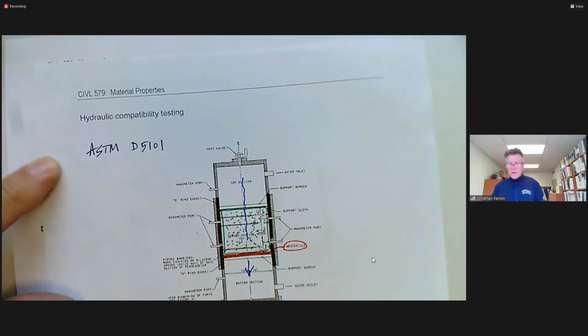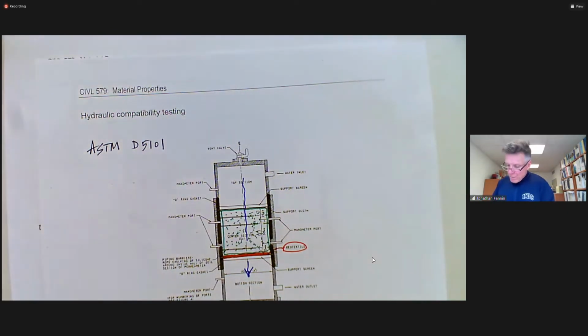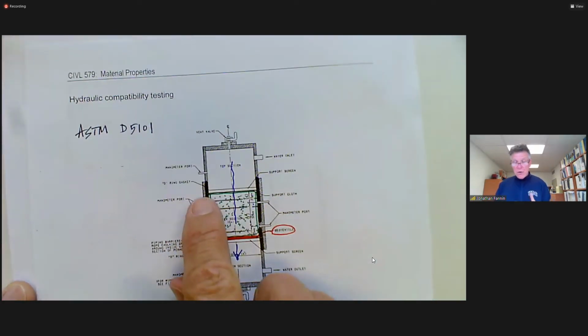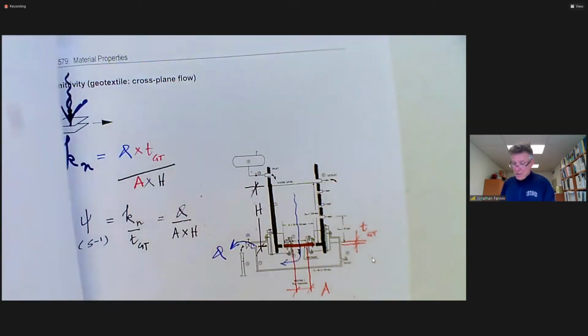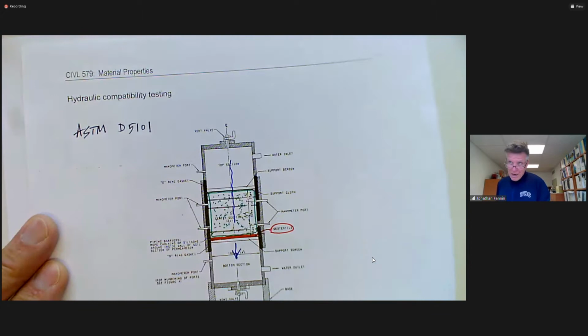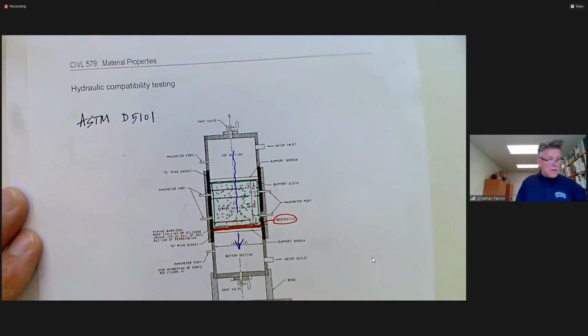Now we've got to come up with some way of characterizing it. It's no longer an index test like the permittivity. It's now a performance test, or at least a performance-oriented test.